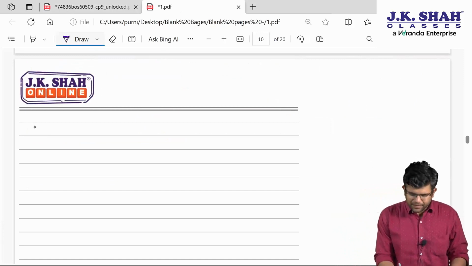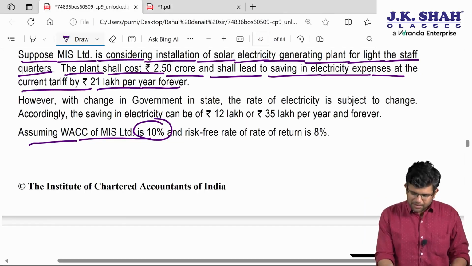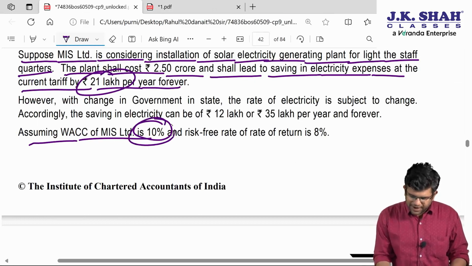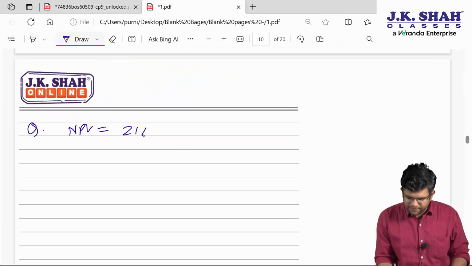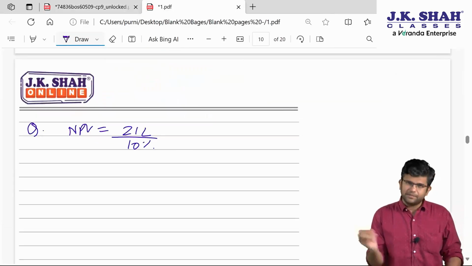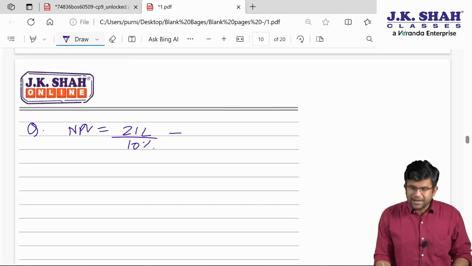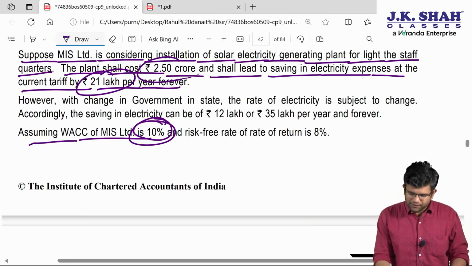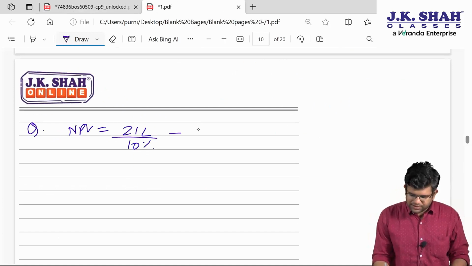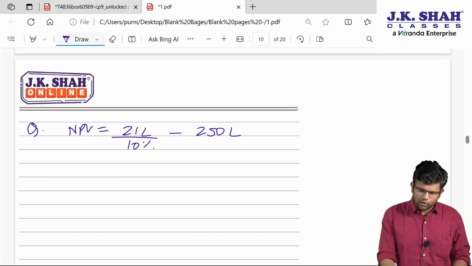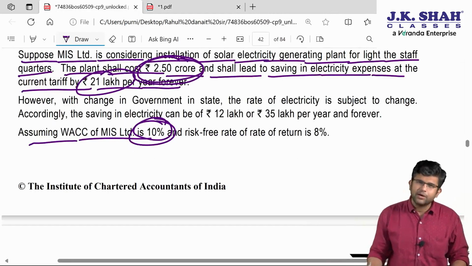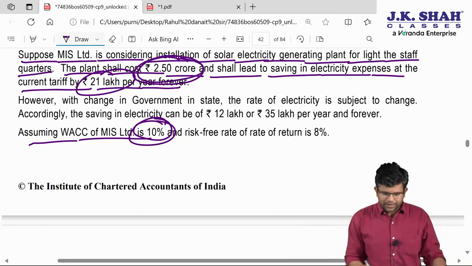Students, it's very simple. Do you realize that the NPV today will be present value of cash inflows, that is 21 lakh by 10%, it is perpetual annuity, minus the present value of cash outflows, that is 250 lakh. 250 lakh basically is nothing but 2.5 crore into 100.